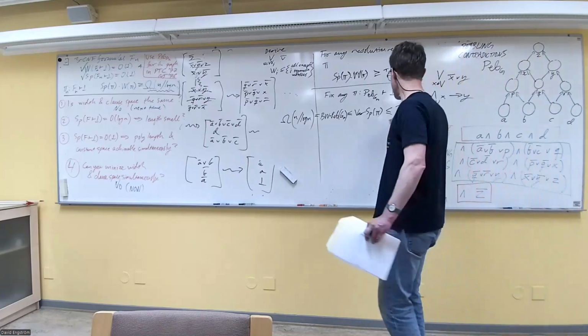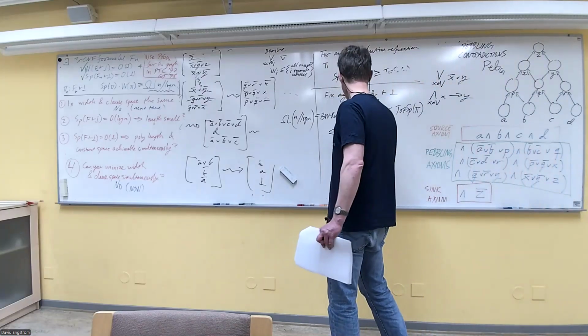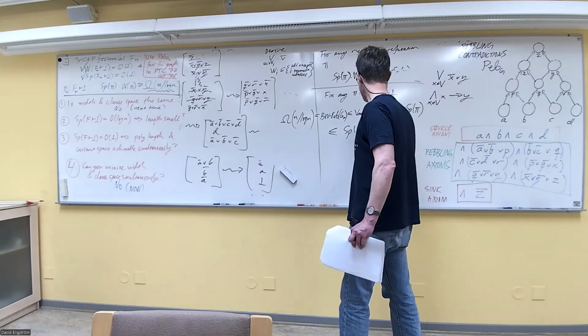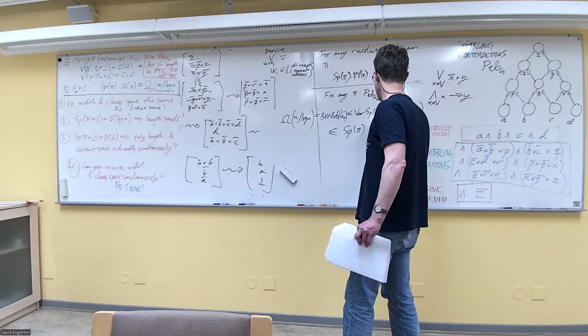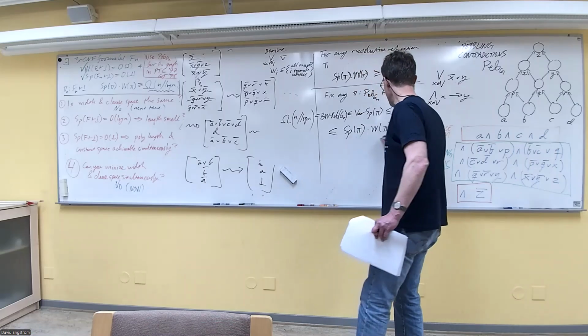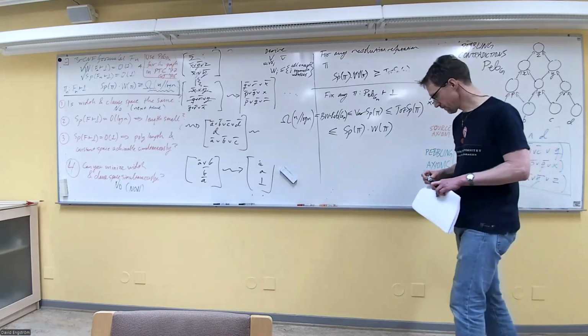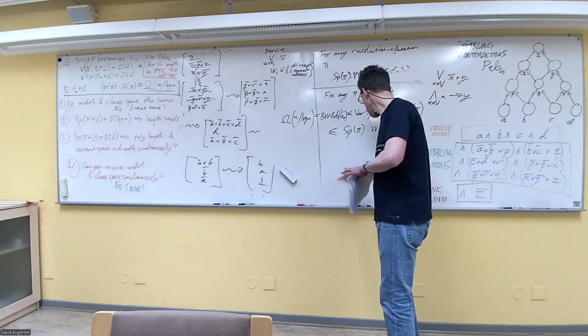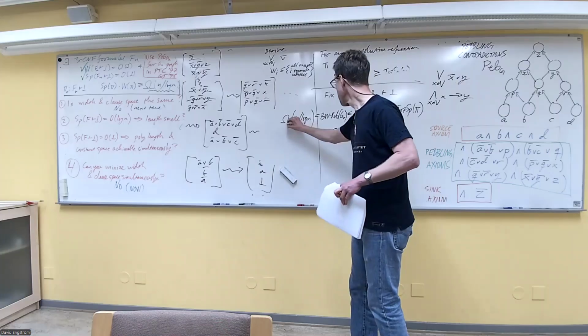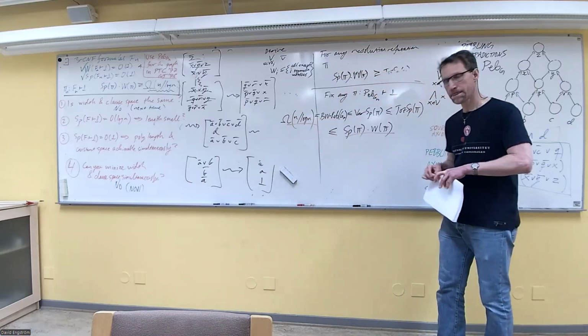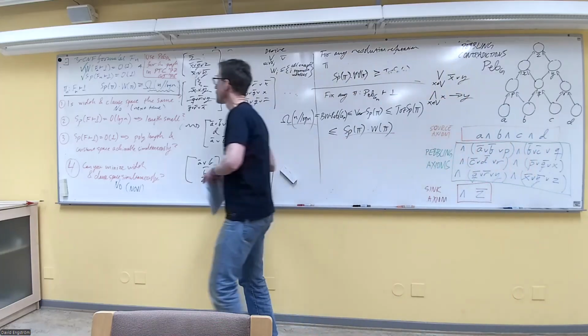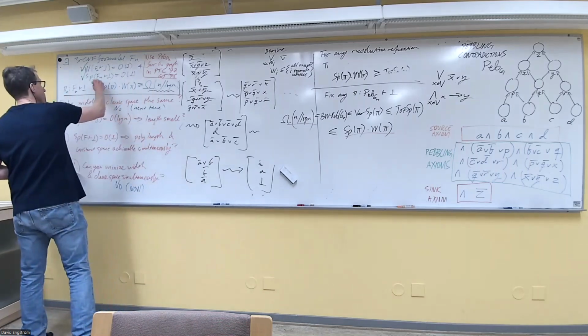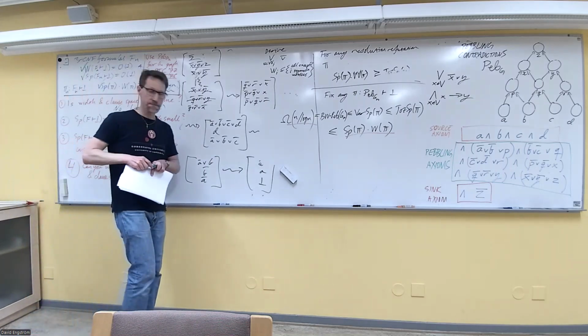And the total space is definitely smaller than the clause space of pi times the width of pi. So that's the trick.